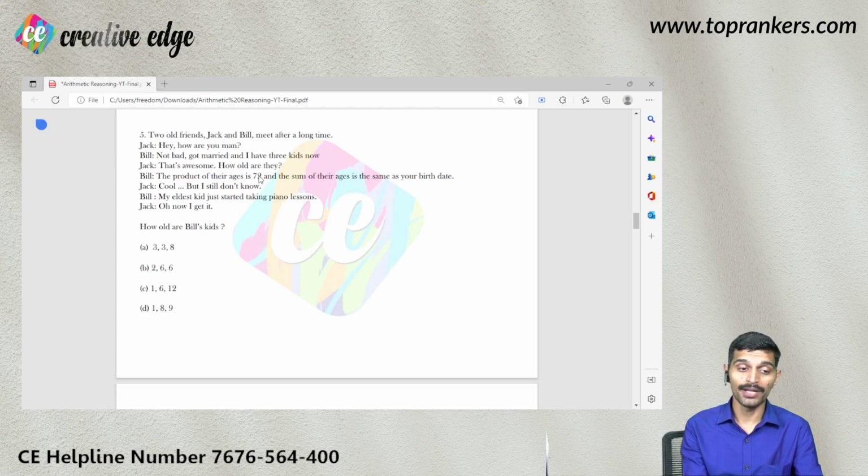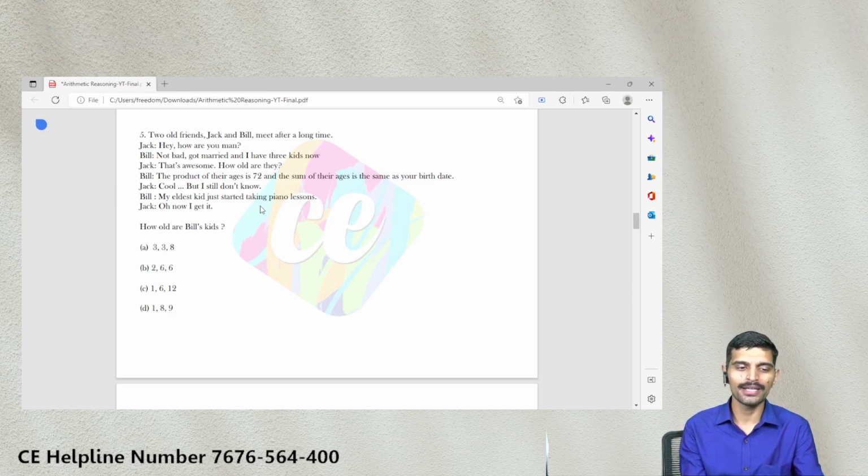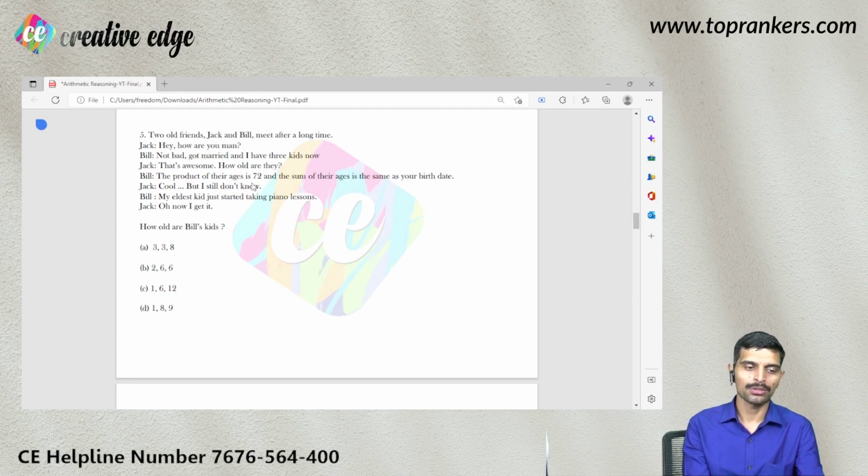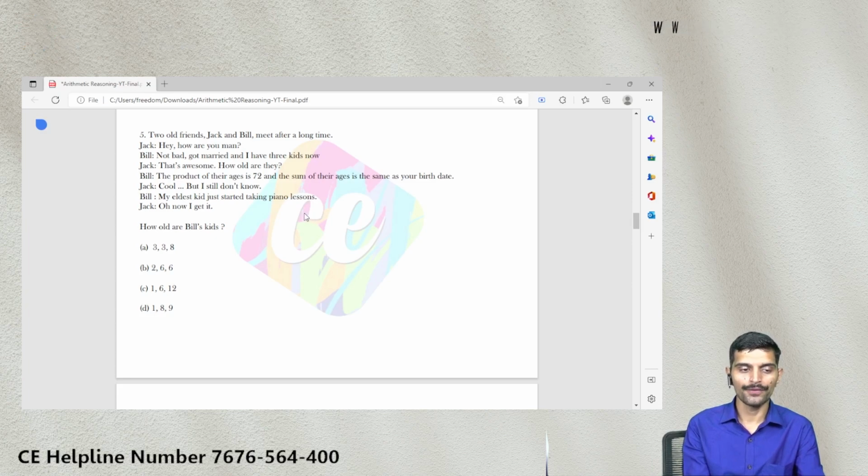So Bill did not respond to him directly, but gave him a mathematical puzzle, a reasoning kind of situation. So he has to reason it out. The product of their ages is 72, and the sum of their ages is the same as your birth date, right? So here is the point where we should enter.